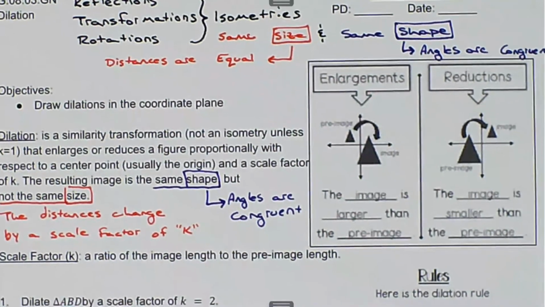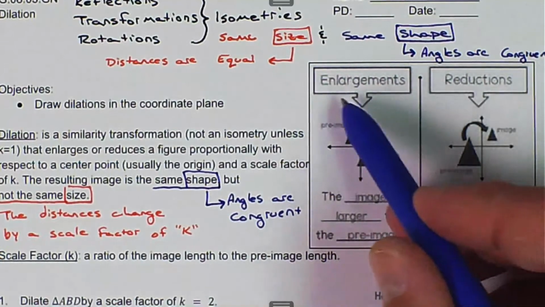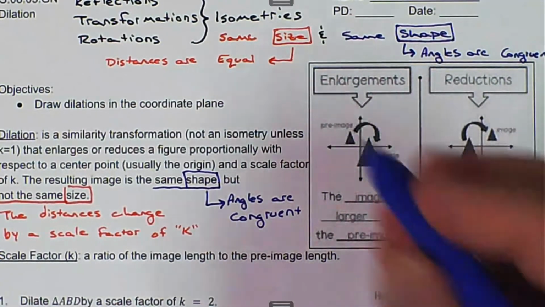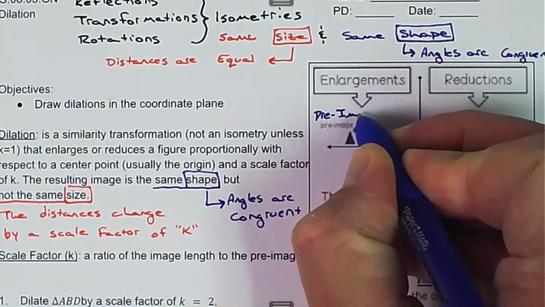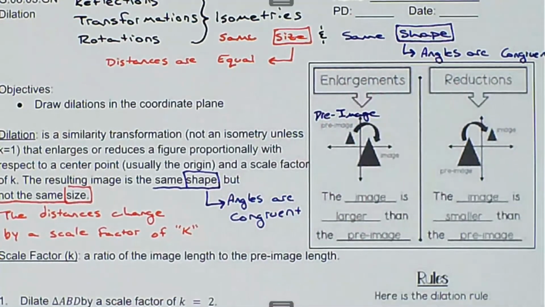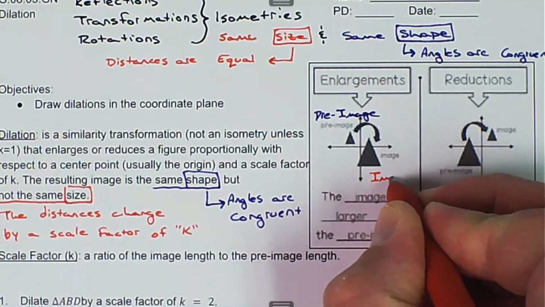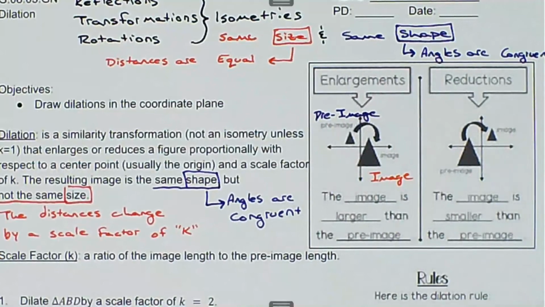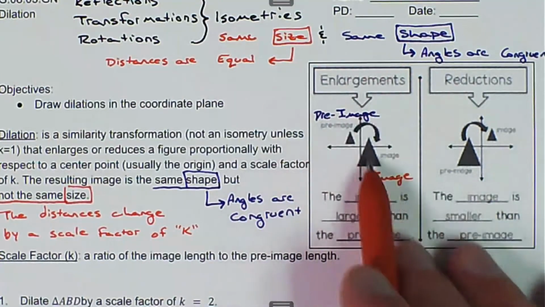So here we have examples of an enlargement and an example of a reduction. So in enlargement, here we have the pre-image, and here we have the image. So the image is larger than the pre-image because it got larger or bigger.